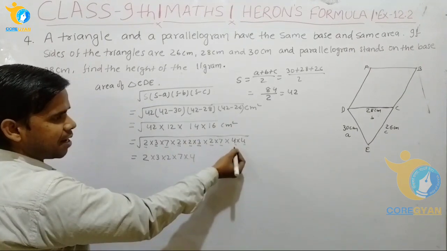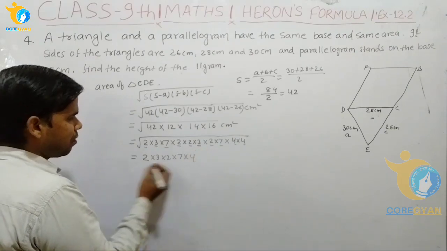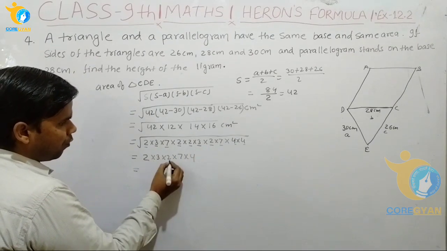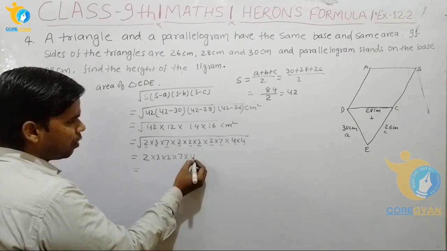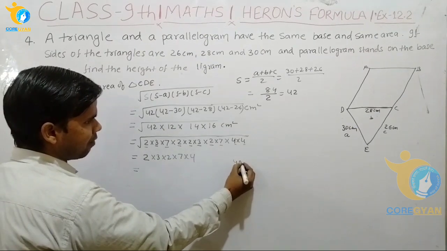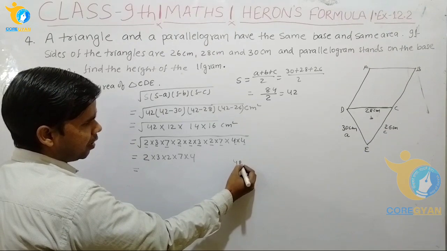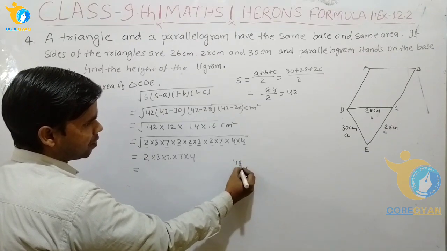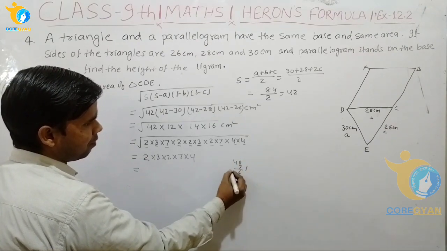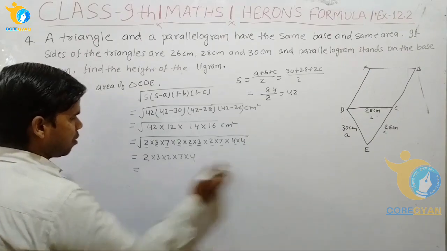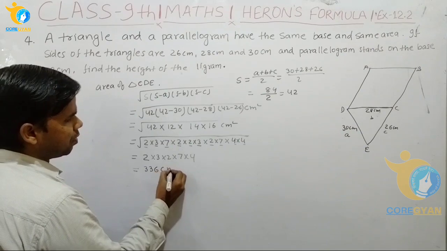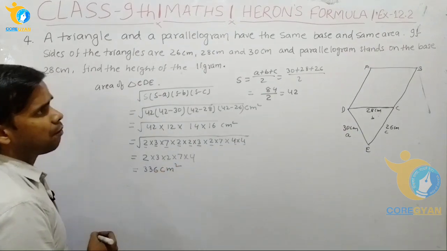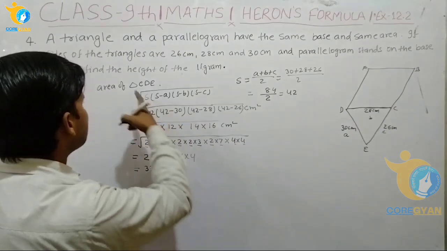Nothing remains inside the square root. Then multiply: 2 times 2 is 4, 3 times 4 is 12, 12 times 4 is 48, 48 times 7 is 336. So 336 centimeter square is the final area of the triangle.